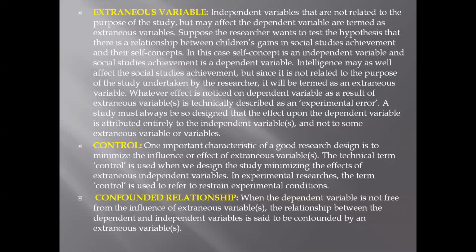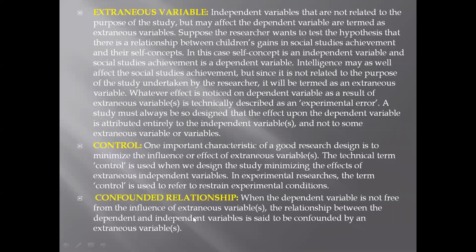Then control again. If you can minimize the effect of the external or extraneous variable, obviously you cannot control the effect of the external variable, but if you can somehow minimize the effect, that is called getting control over the extraneous variables. Then another term is confound relationship.